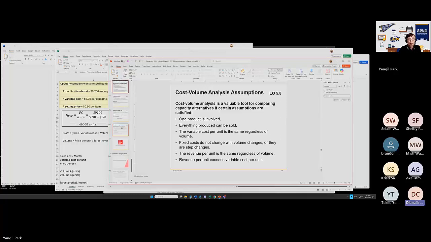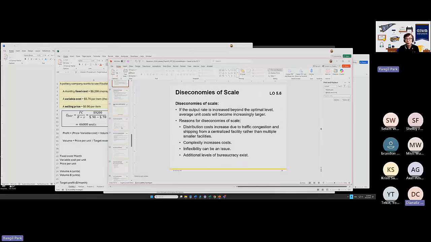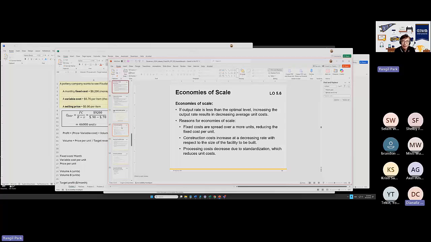Are we supposed to show that in some kind of mathematical equation? No, no. The question is not for the equation or solving mathematically.